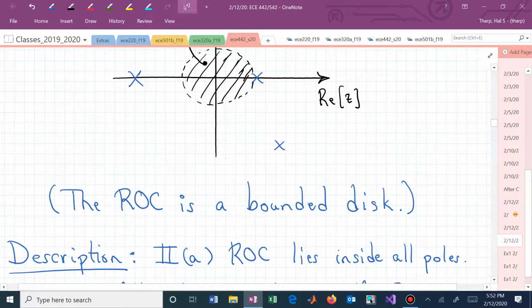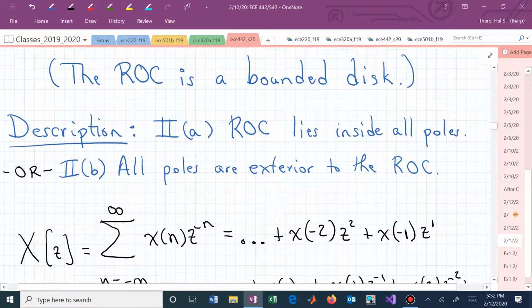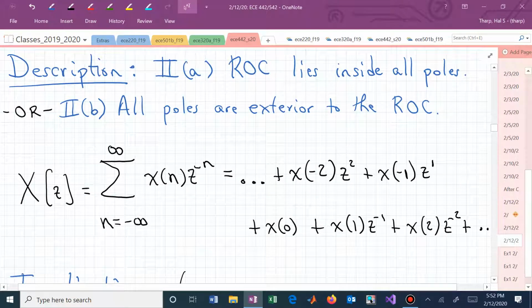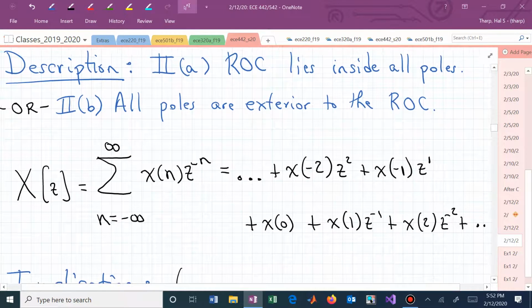Here, do you see a particular z value that might be important or critical? 0. So now we're looking at that point and saying, oh, well, that belongs to the region of convergence. Does that allow us to draw any conclusions relative to terms here in this z transform expression if we know that the sum has to be bounded?